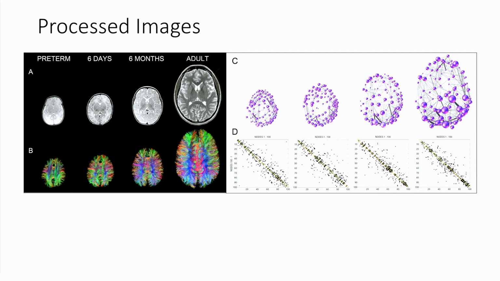A lot of the data that we collect are actually processed images. This is what the NIH has been funding for the last six to seven years. This is what we call a connectome. Here is the anatomy, and this is the tractography that we generate using diffusion images.